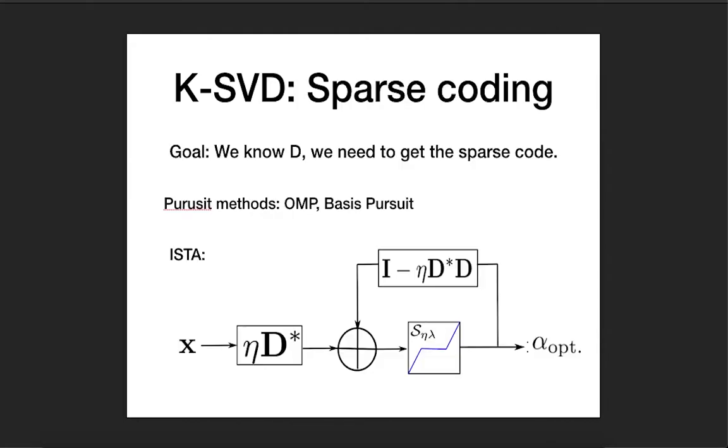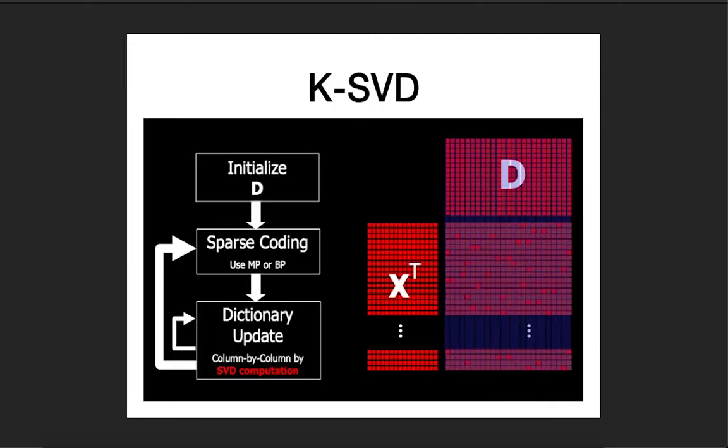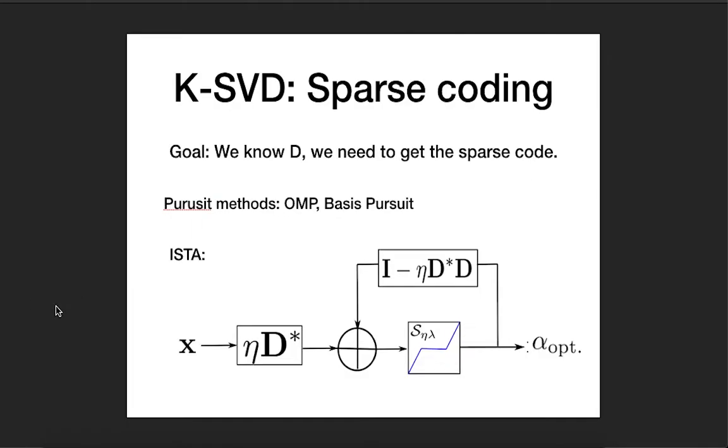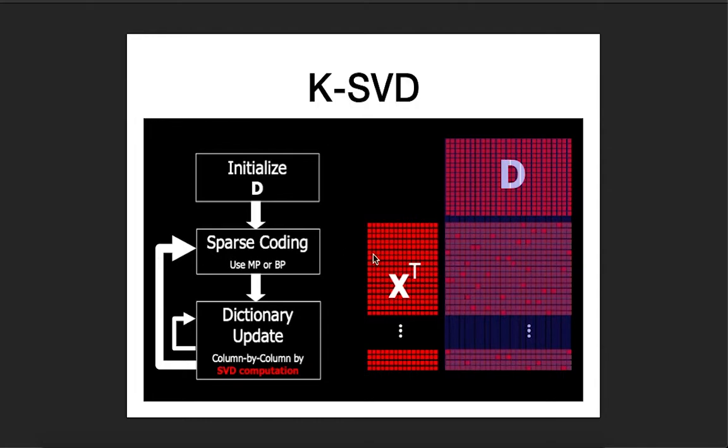The sparse coding step is the same, and this is one instance of sparse coding, but you can also do OMP, the greedy scheme that we talked about, and basis pursuit is another scheme. You can use anything you want, except that you want to get a sparse code corresponding to each signal, right?